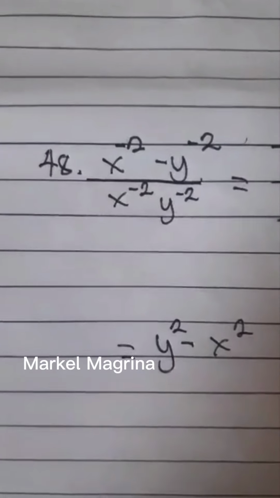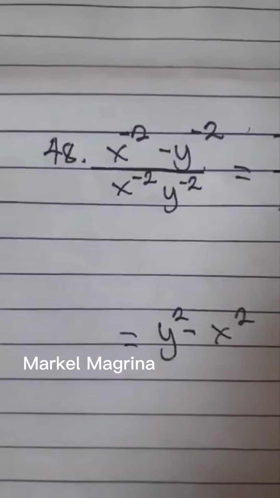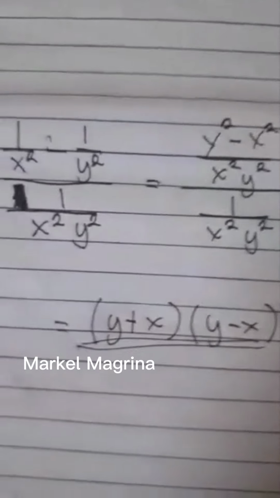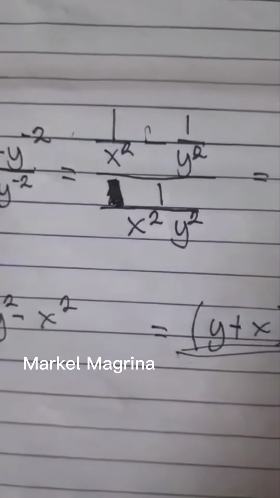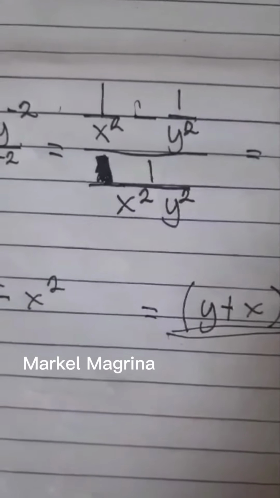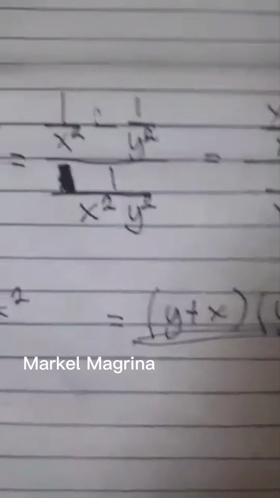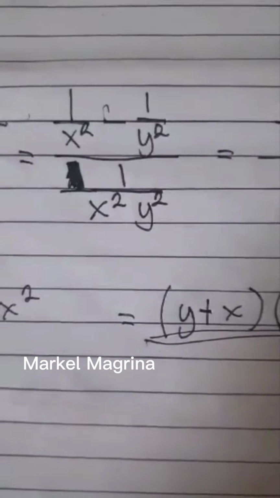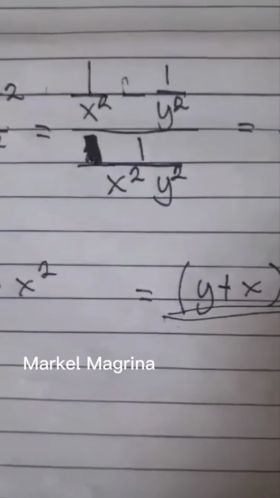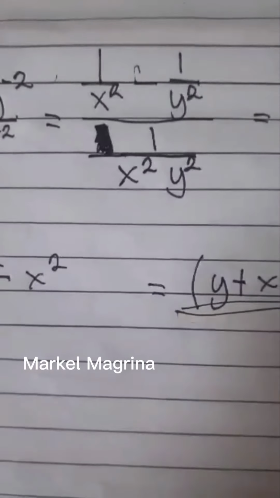So, first, move them to the denominator of a fraction, so that the negative exponents go away. The equation becomes 1 over x to the power of 2 minus 1 over y to the power of 2, over 1 over x to the power of 2 y to the power of 2. Since the exponents were negative, they become positive.